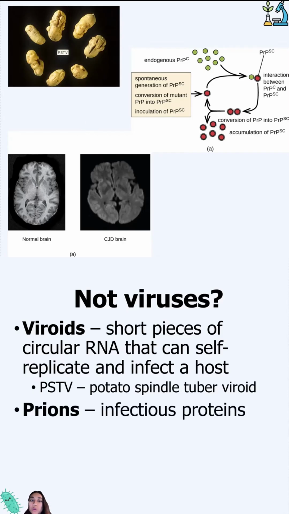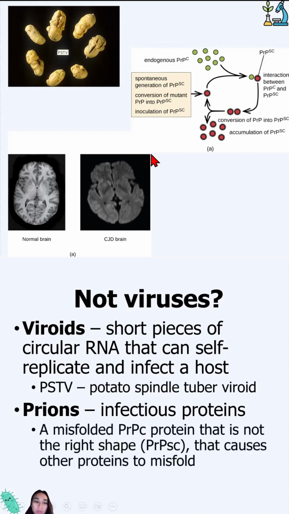And then there are the prions. Prions are these proteins that are infectious. So again, there's no capsid, there's no genetic material, there's no spike proteins or anything. They are just proteins. And what's crazy about them is there's this protein called PrPC. PrPC looks like this normally. Obviously, this is just a cartoon, but this is the normal PrPC protein.